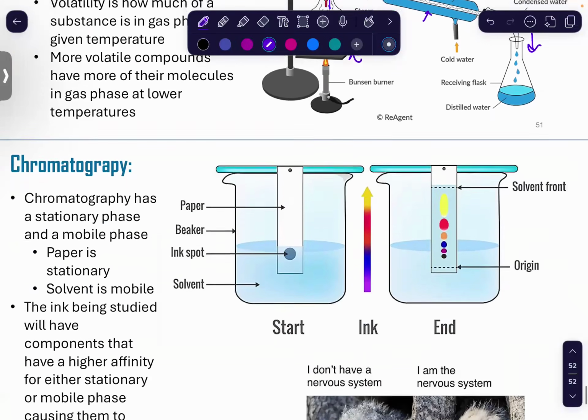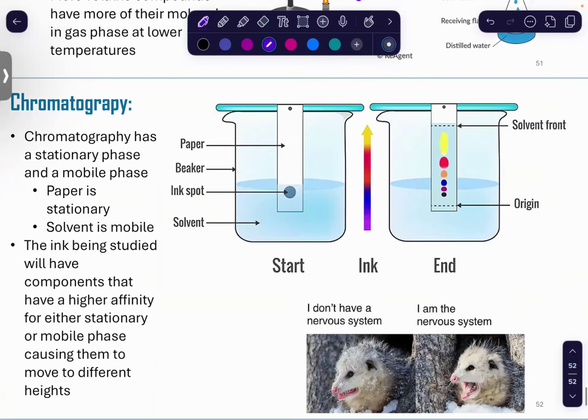Okay, you also have chromatography. Chromatography has to do with multiple stages or phases. So you have a mobile phase and a stationary phase. Here you see a paper chromatography, and the paper is the stationary phase. The solvent is going to be your mobile phase, the solvent mixed with, in this case, the ink. The ink has different chemicals in it, different compounds.